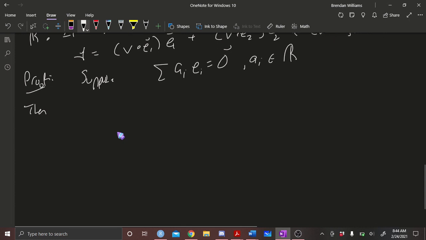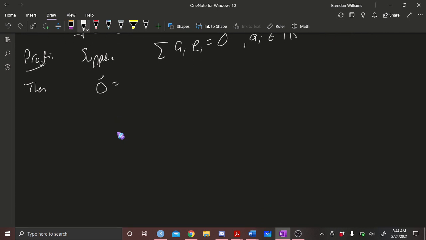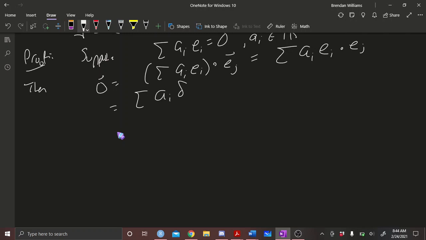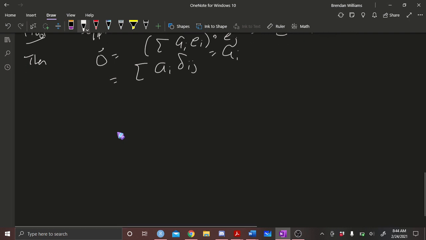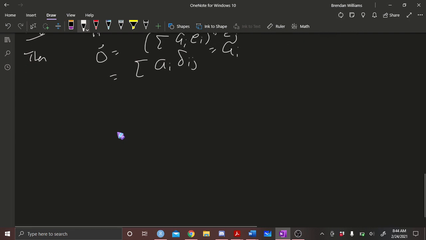Then 0 is equal to sum a sub i, e sub i dotted with e sub j, which is equal to sum a sub i, e sub i dotted with e sub j, which is equal to sum a sub i delta ij, which is just a sub j because we lose all of the terms that aren't equal to j.